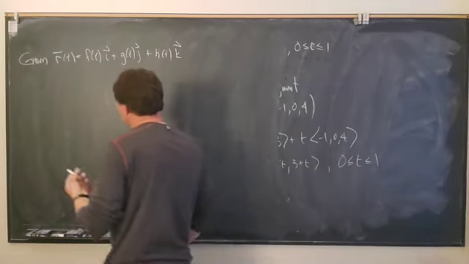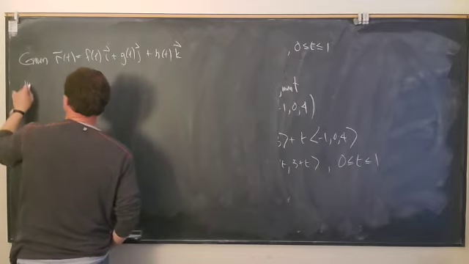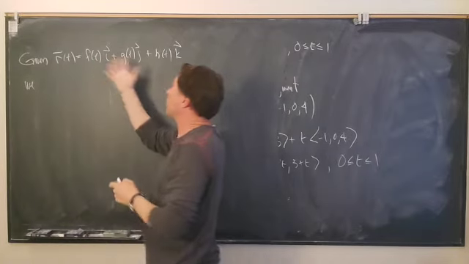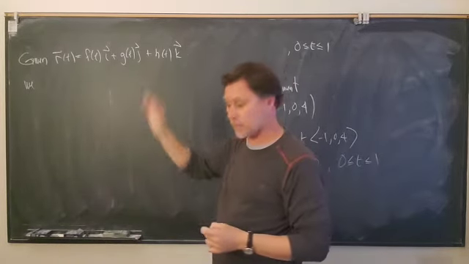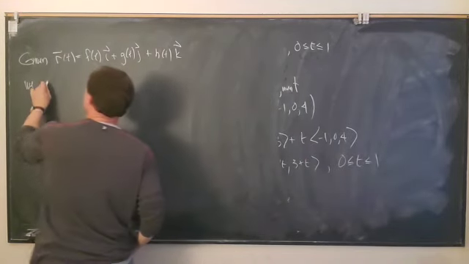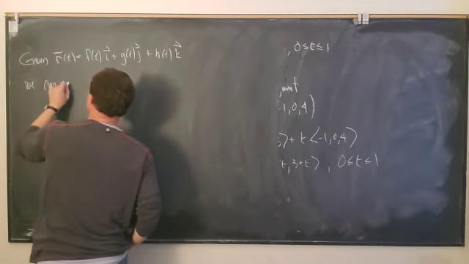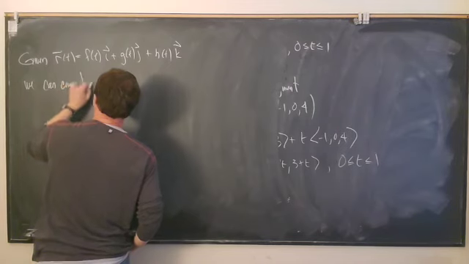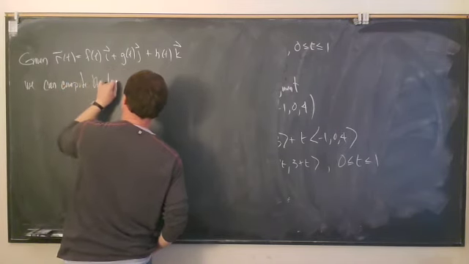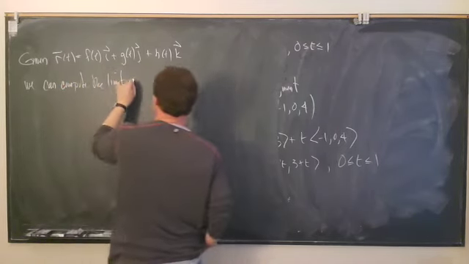Now, we can compute the limit. So we have some arbitrary vector-valued function here that you can think of as some curve. We can compute the limit in the obvious way.